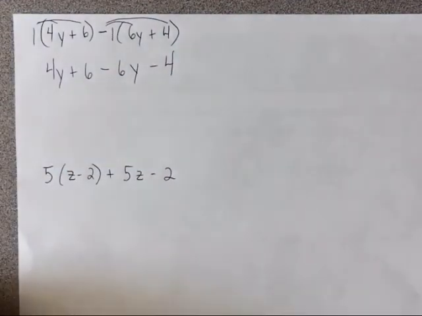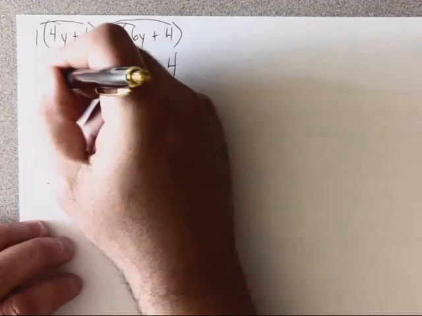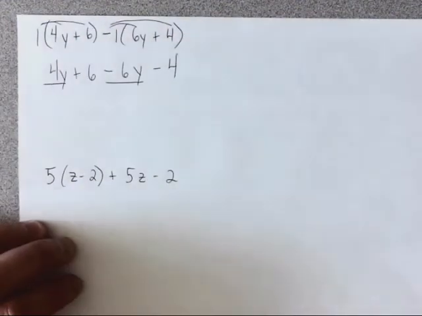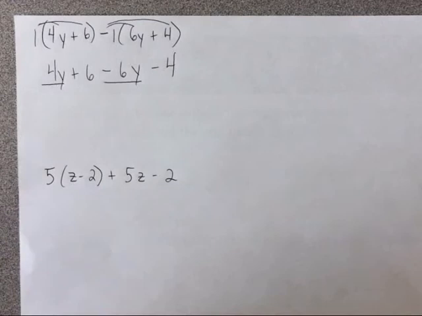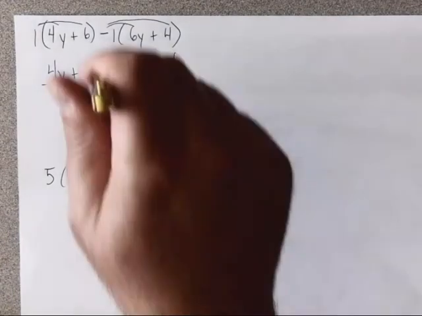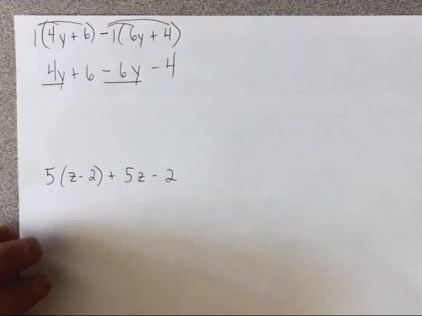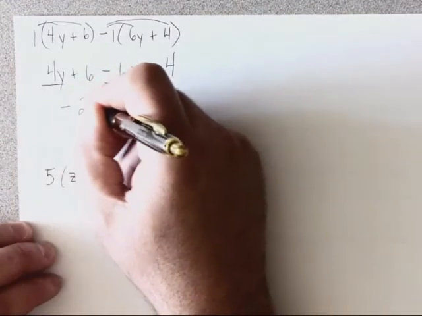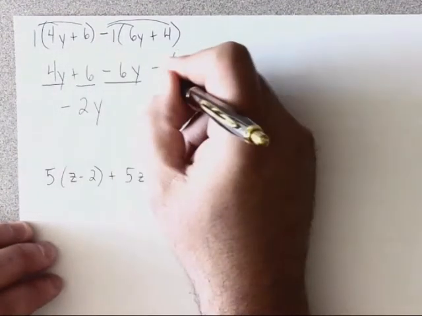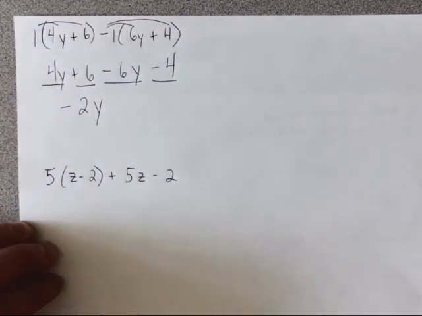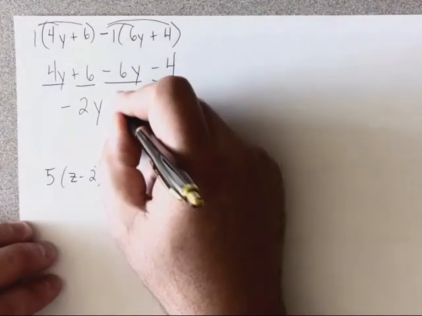Then I can combine the like terms, so 4y minus 6y. So 4 minus 6 is negative 2y. And then the constants are like terms. Positive 6 minus 4 is a positive 2.